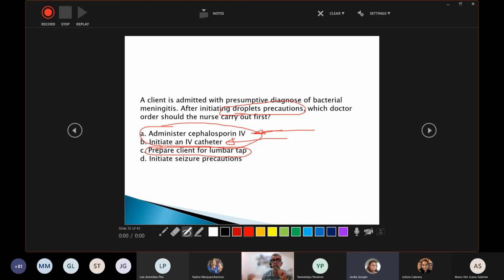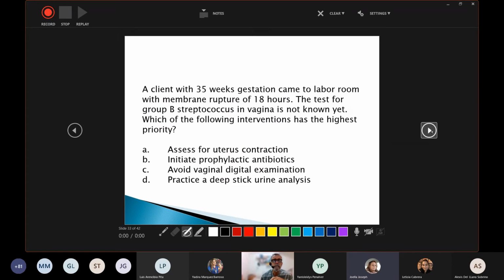And this is an example of a question that you are now going to deal with. A client with 35 weeks gestation came to the labor room with membrane rupture of 18 hours. Okay, it's those infections, diseases applied to OB. The baby is viable.